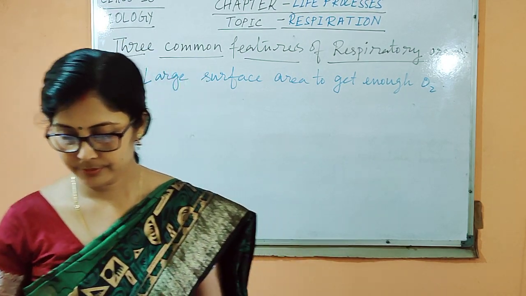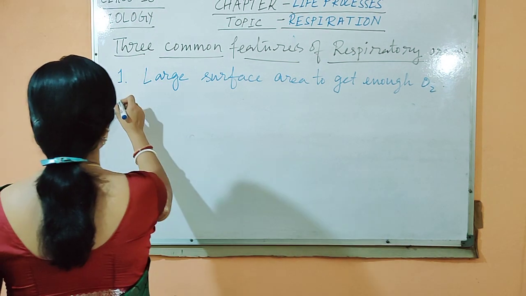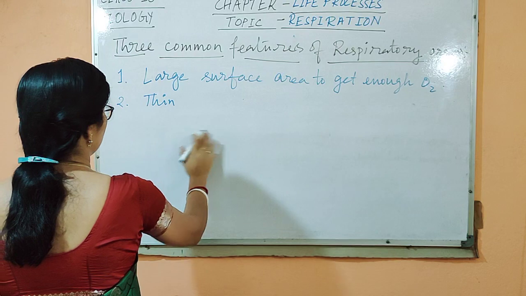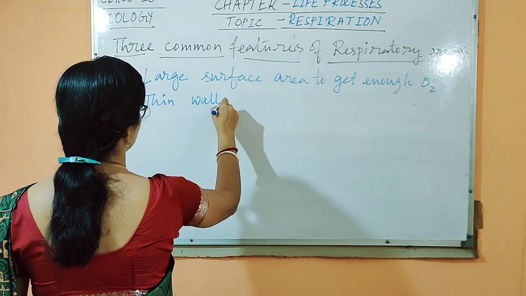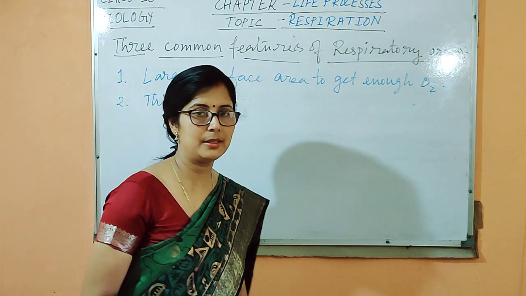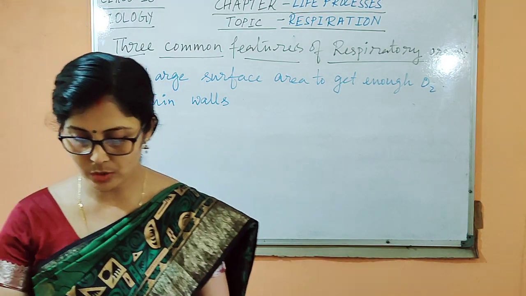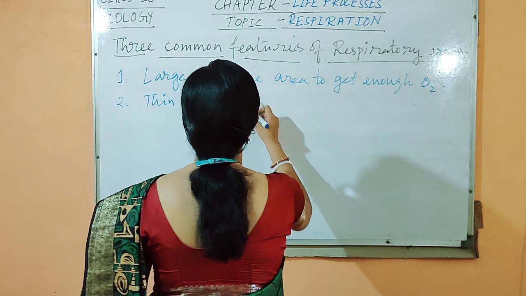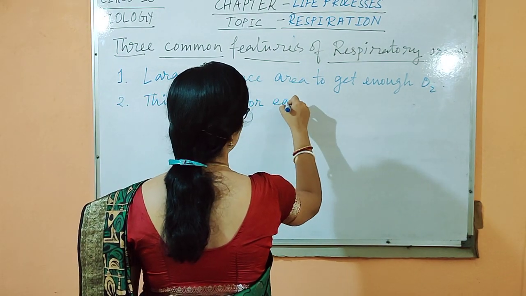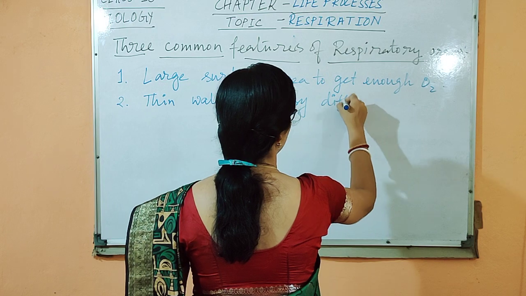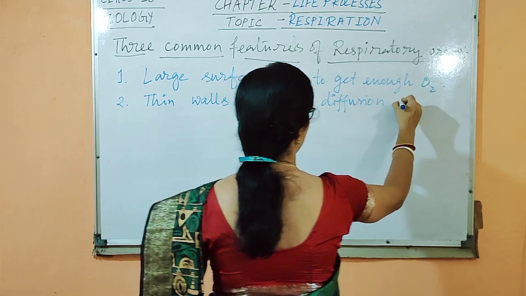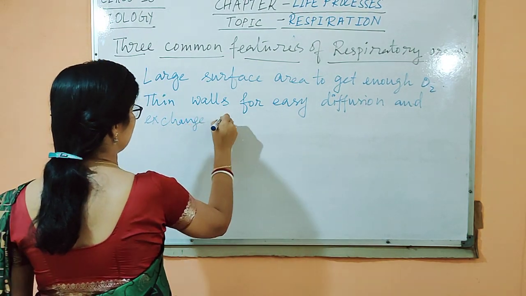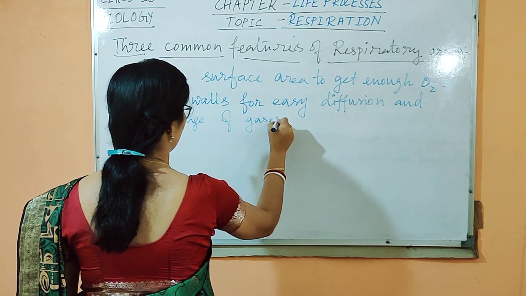Next, all have thin walls. All the respiratory organs have thin walls for easy diffusion and exchange of gases, number 2.